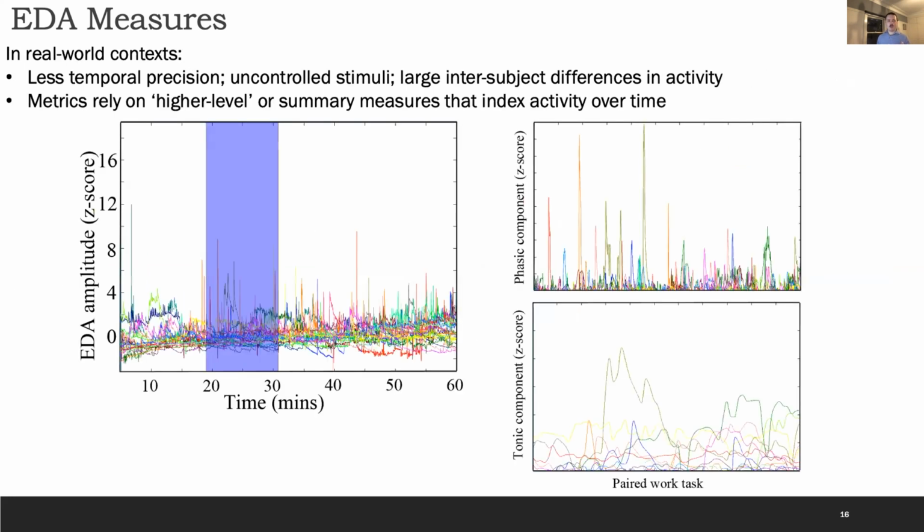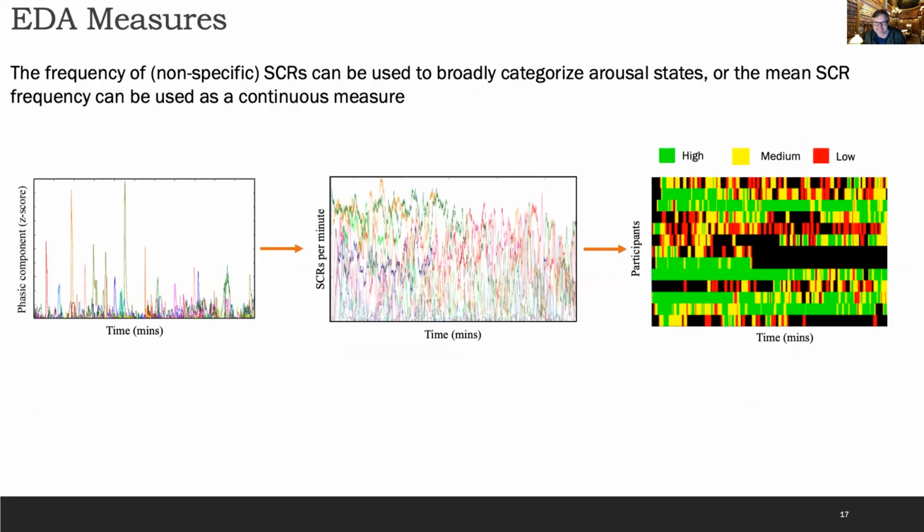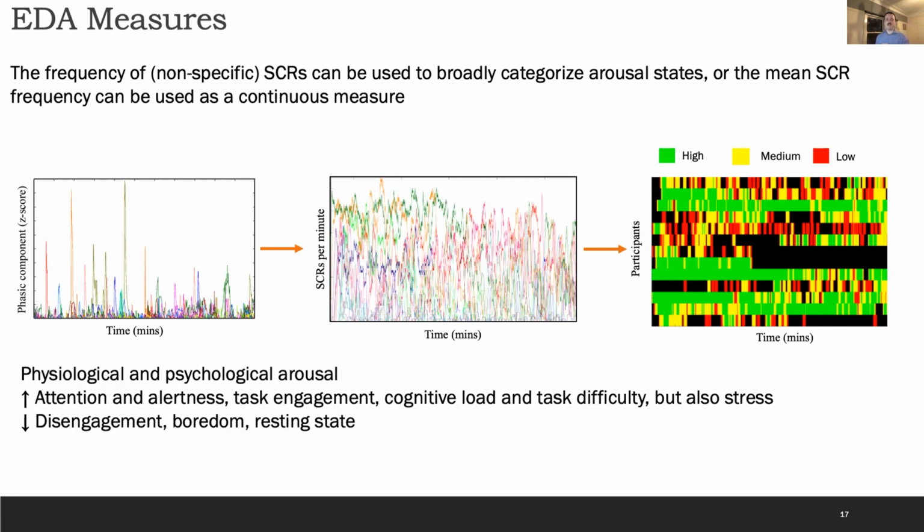Whereas if we were looking at the actual signals like the tonic activity, that baseline does shift massively between people, but the rate of responding in those skin conductance responses is much less variable between individuals, because we're looking at particular arousal episodes, and not just the overall level.